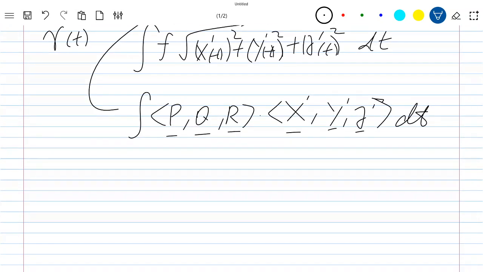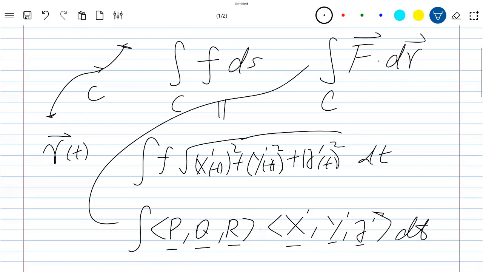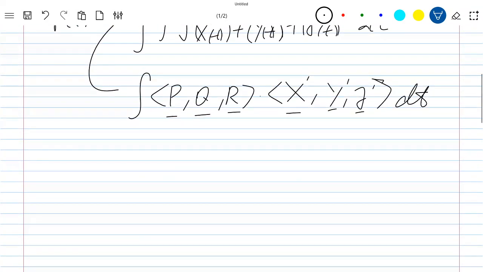And by the way, if the vector field is regarded as a force, then this is just the work done by the force. There's a special case. If the field itself is a so-called gradient field, then we can integrate along the curve in a particularly simple way.